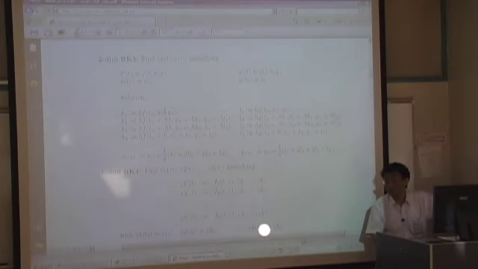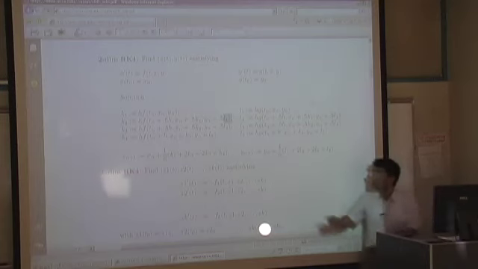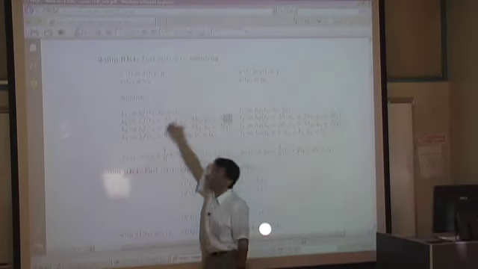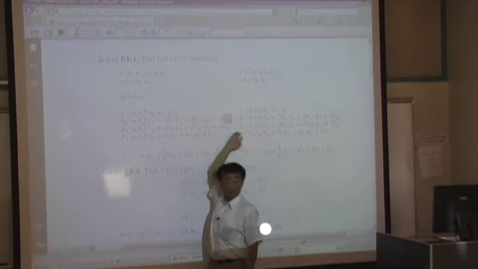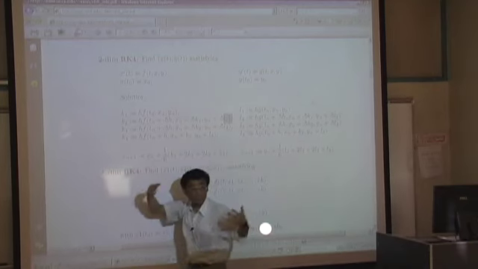Do you follow me? So k1 is determined, then you should determine L1. And then using both k1 and L1, you determine k2. So you do not determine this column by column. You should determine row by row. Even in the n-dimensional case, it's the same.